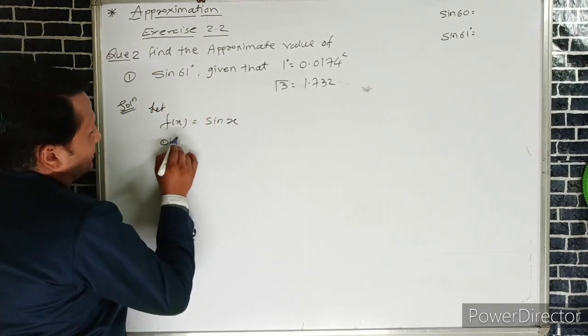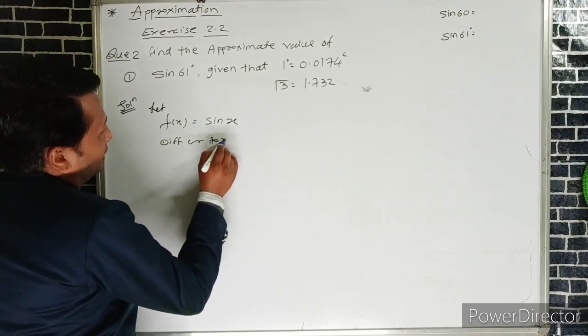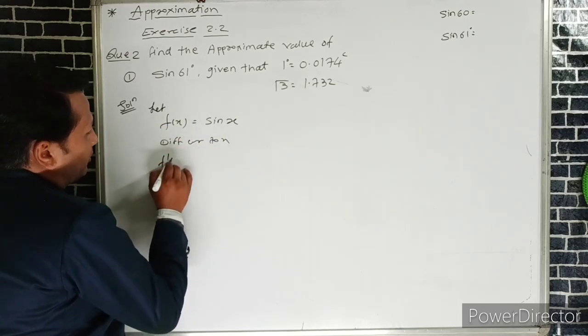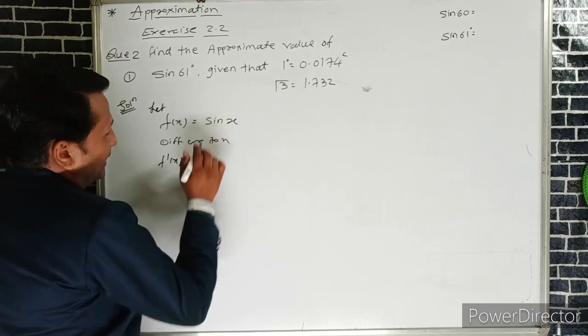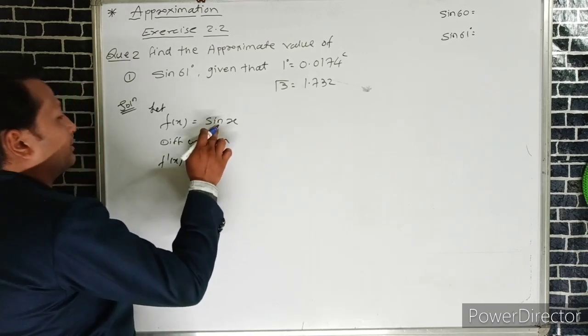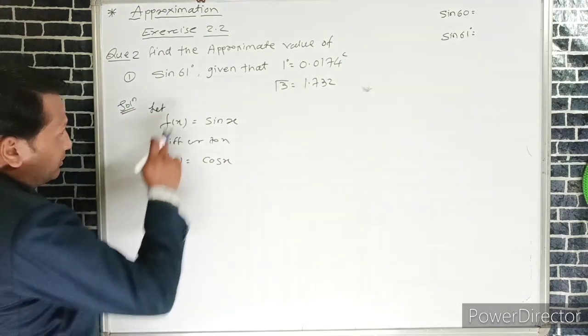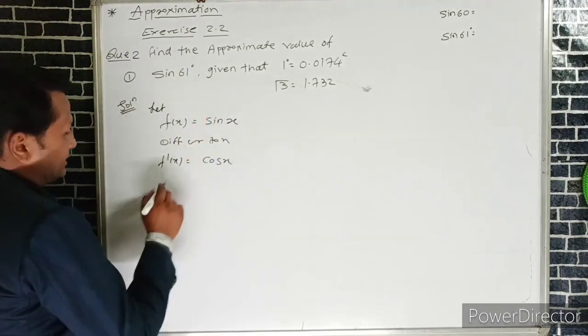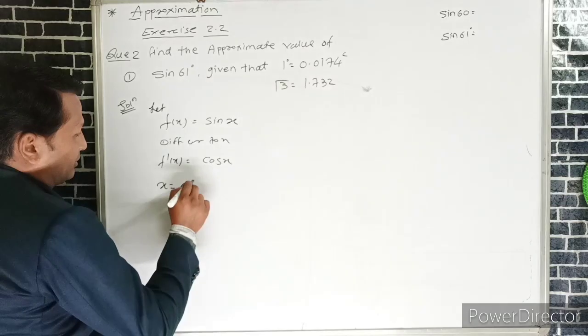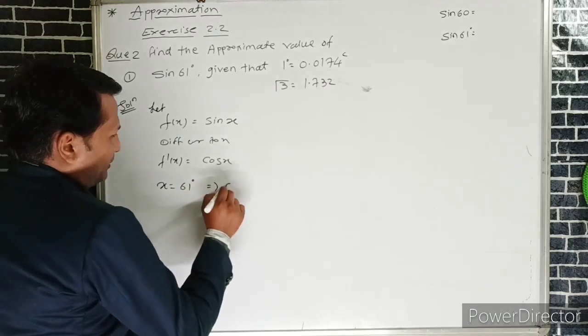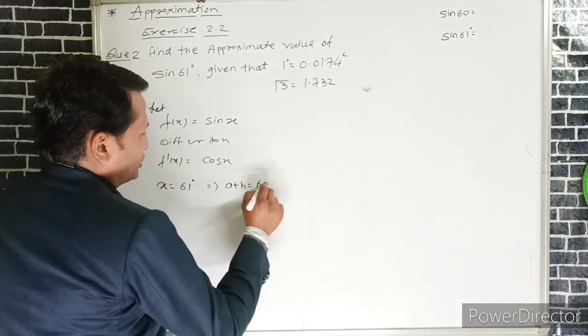If we differentiate with respect to x, then the derivative of f of x, which is f dash of x, and the derivative of sine x is cos x. So here we consider that x is 61 degree, meaning a plus h is equal to 60 plus 1.